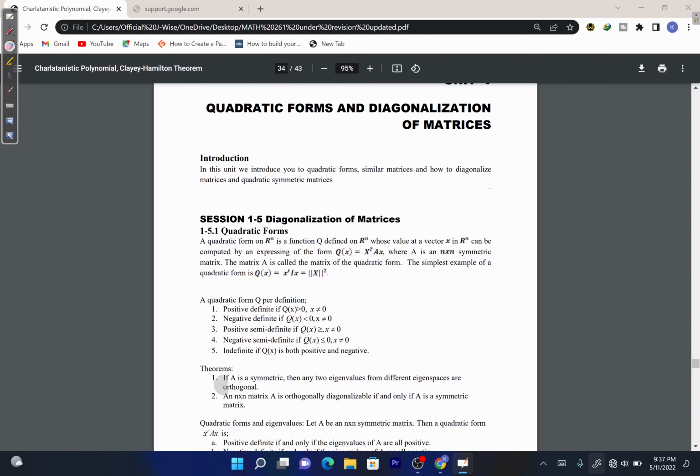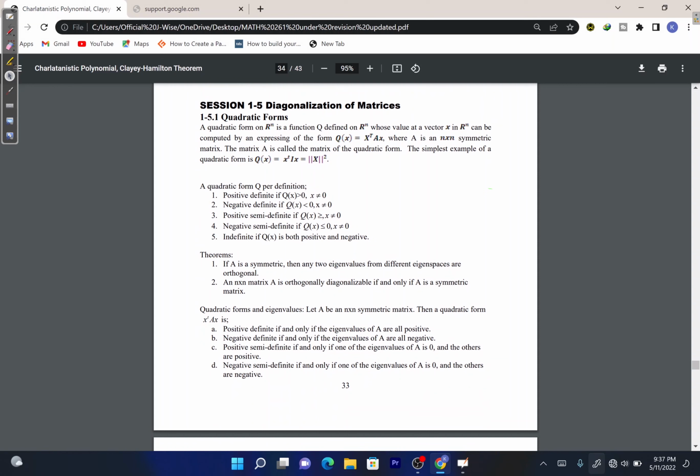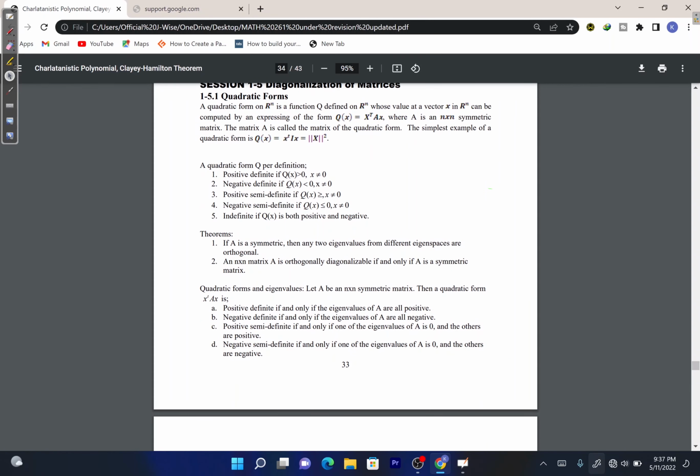Now let's consider the following theorems. If A is symmetric, then any two eigenvectors, please make this correction, it's not eigenvalues, any two eigenvectors from different eigenspaces are orthogonal. An n by n matrix is orthogonally diagonalizable if and only if A is a symmetric matrix.